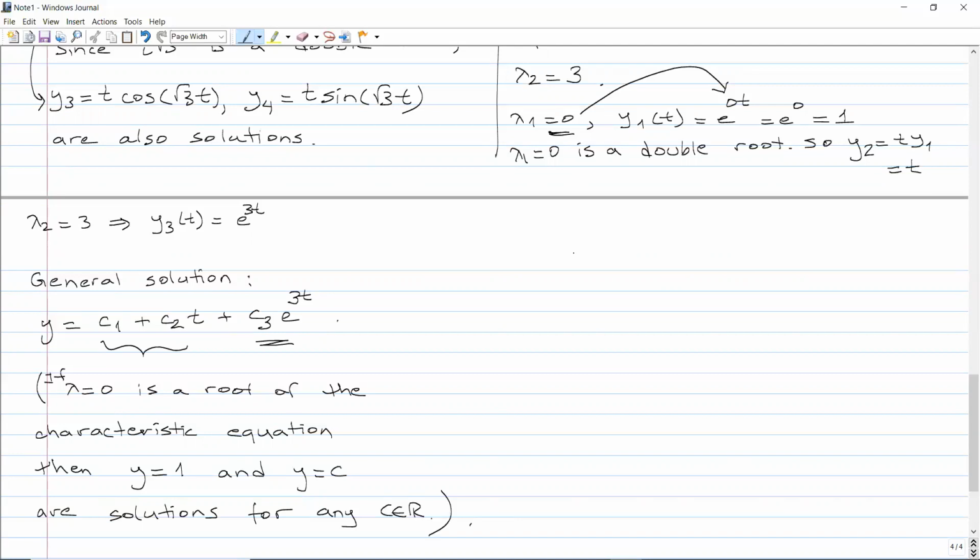Next, we are going to consider non-homogeneous equations.